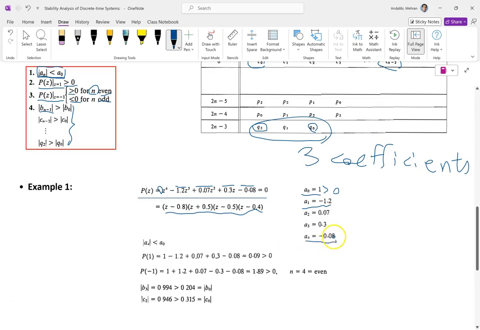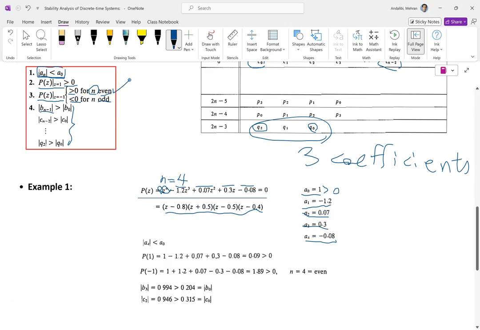So you get all of this, and clearly n is what? N is 4 here, okay? So this is your n. N is 4. So when you look at the third condition, p of z at negative 1, that should be also positive. Okay, I'm talking about right here. You should basically go with that one.